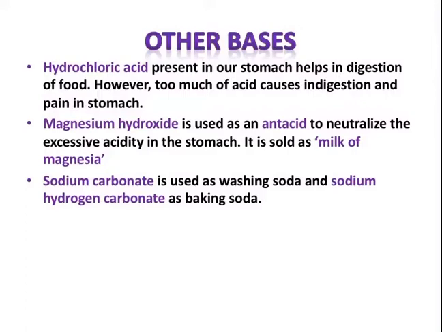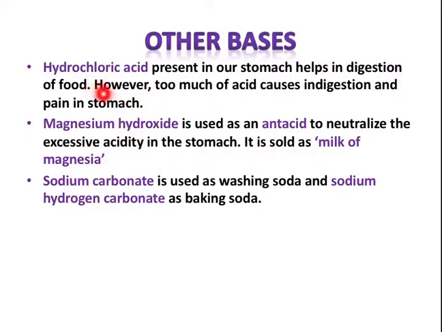Some other examples: hydrochloric acid is present in our stomach and helps in the digestion of food. However, too much acid causes indigestion and pain in the stomach. So, magnesium hydroxide is used as an antacid to neutralize the excessive acidity in the stomach. It is sold as milk of magnesia.